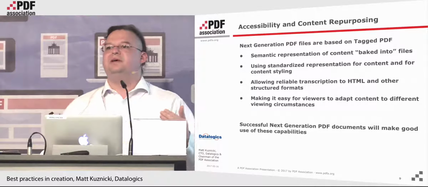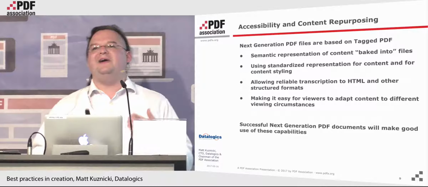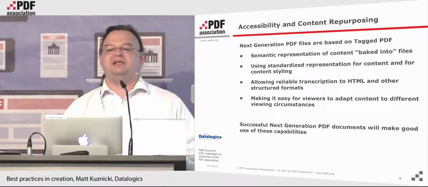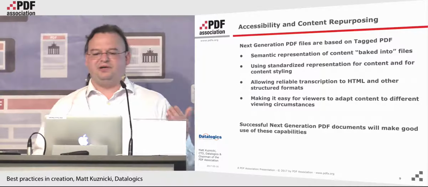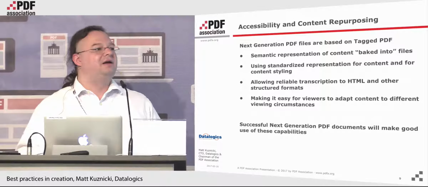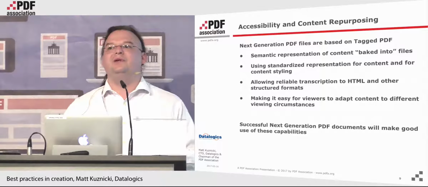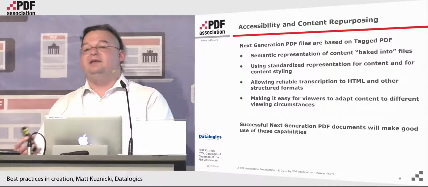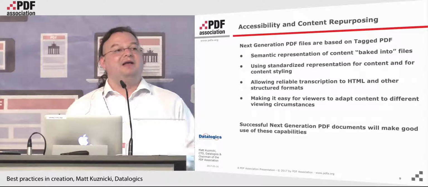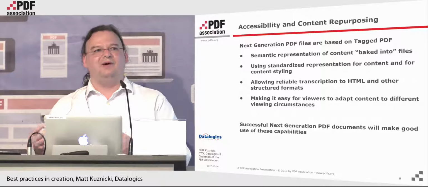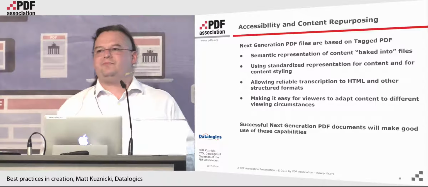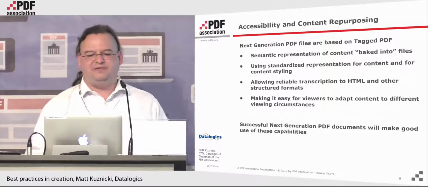This is also a great thing. This forms the foundation of being able to change presentation of a next generation PDF. It forms the foundation of allowing reliable transcoding into HTML, into other structured formats as well. It makes it easy to allow different viewing systems to present different views of information.